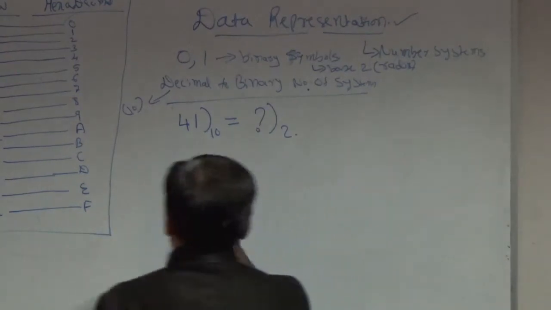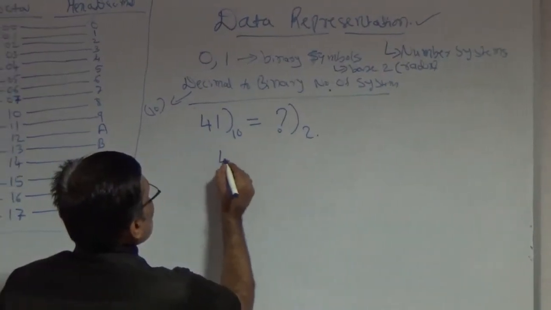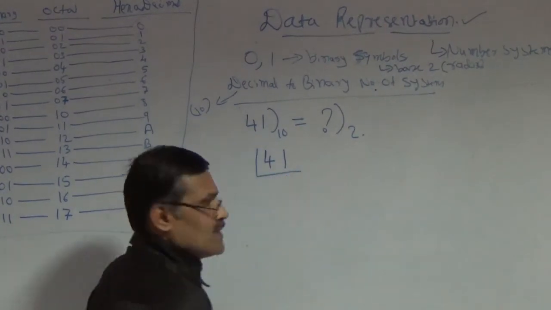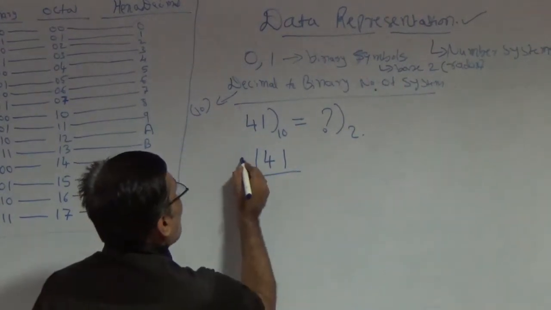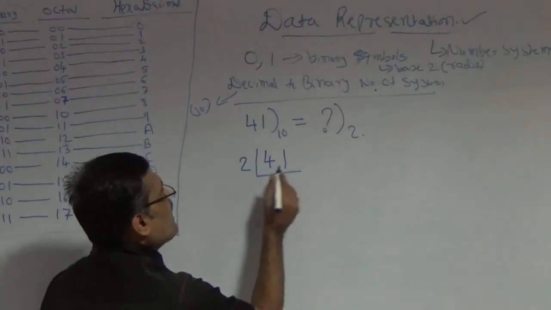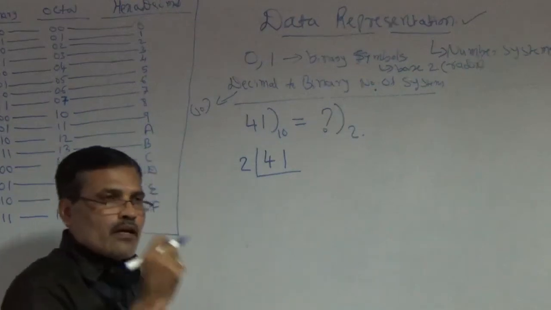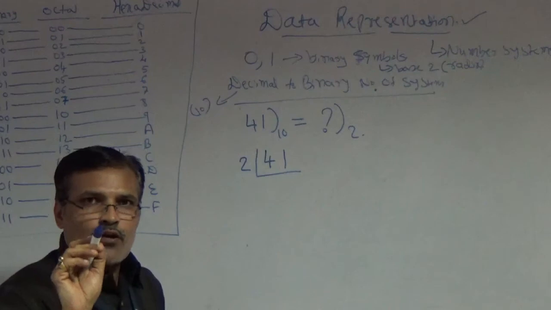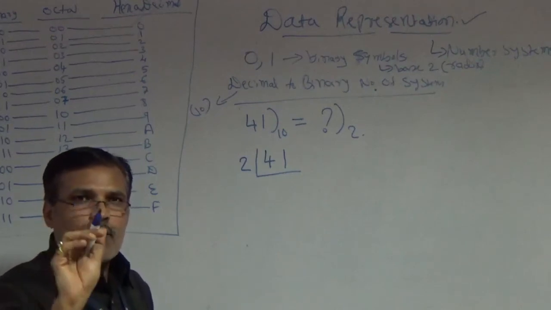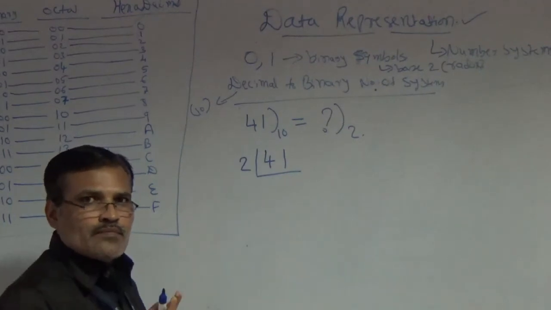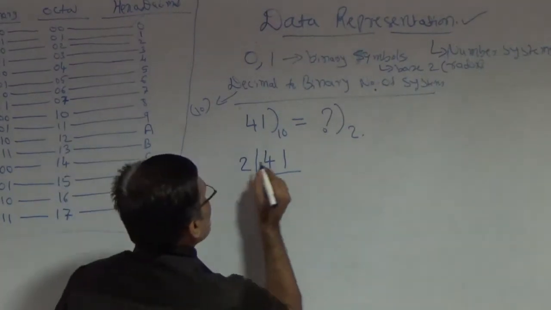In this process, you write down the given number as it is, and just go on dividing it by 2. Continue this division process until the quotient becomes 0, and keep track of the remainders generated in this entire process. Let us continue now.